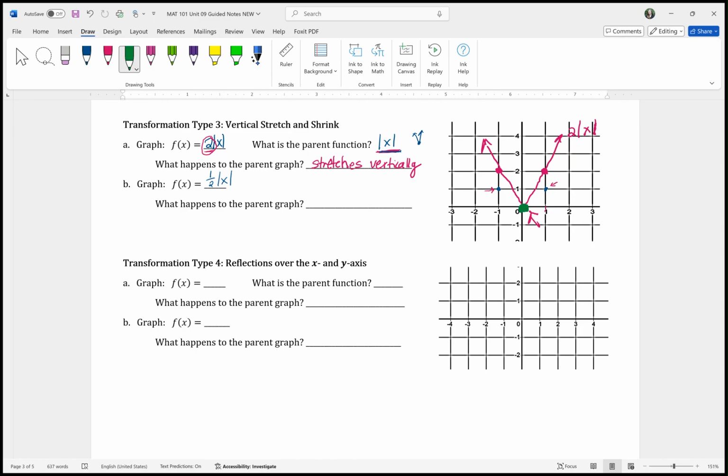So I still have that point there. That's okay. But what happens when I do 1? The absolute value of 1 is 1, but then times 1/2 is 1/2. So we're actually right there, halfway. And that same thing happens on the left side. Okay, and then when I draw this graph, it goes out much, much wider.